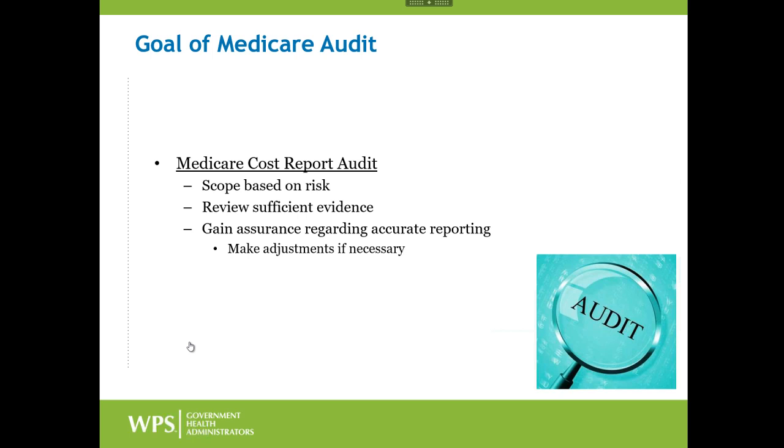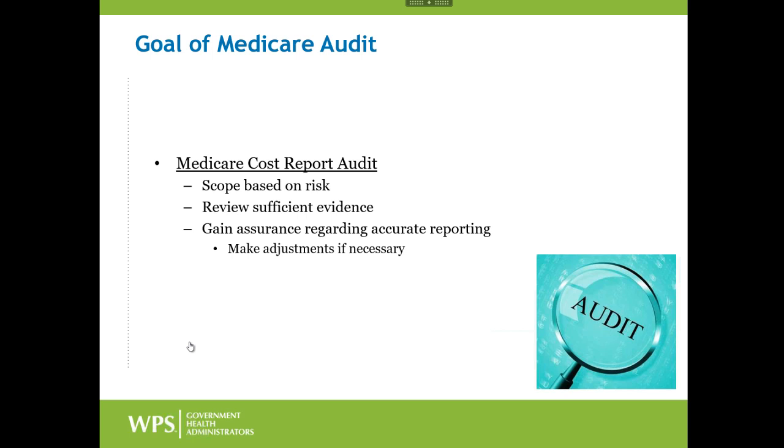Now, the goal of any Medicare audit, regardless of what type of audit we're performing, is to, first of all, take a look at the information on the cost report. We're going to scope it based on whatever risk we believe exists. It could be based on a prior year audit, some findings that exist in the prior year. It could be on CMS instructions to the MAC or any other sort of protocol we have in place for risk. Maybe there were major changes from current year to prior year or prior year to current year. Maybe it's just an overly high dollar amount compared to other providers nearby.